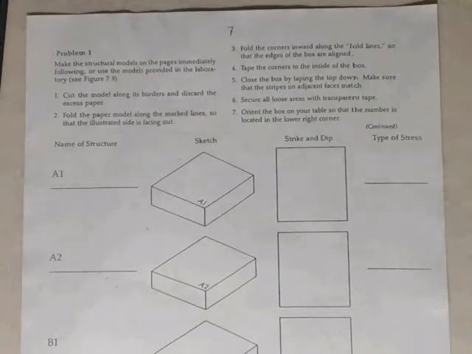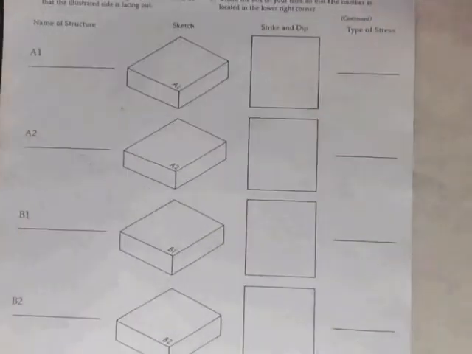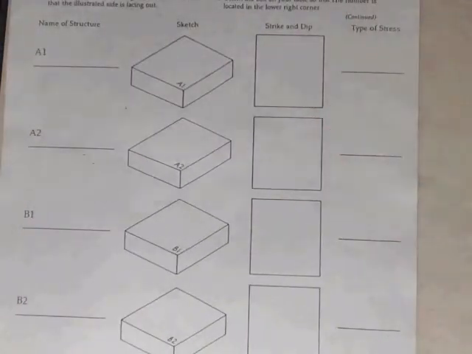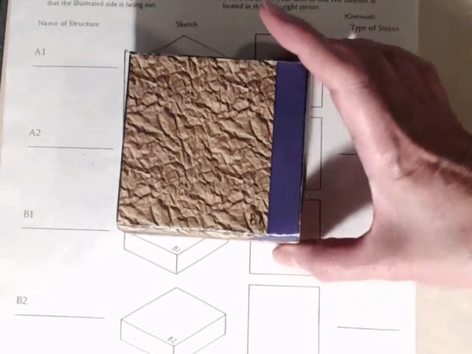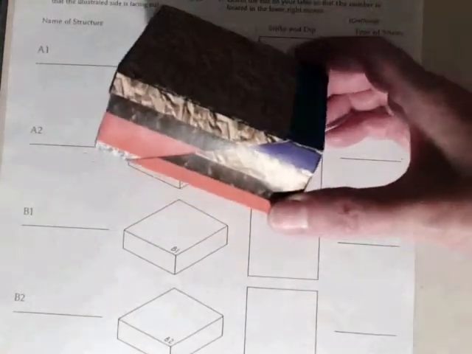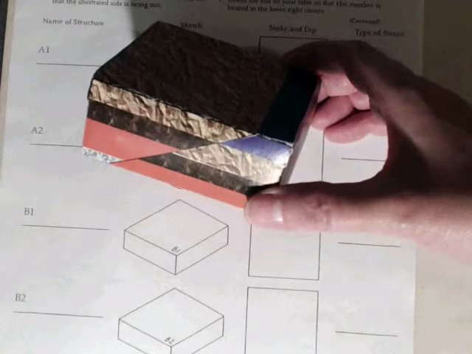Okay. On our next one, we've got box B now. Find my box B. We'll start with, of course, B1, and then we'll work our way to B2. So this one is my B1. We take a look at that. That's the top view. Here's the side view. You've got several layers.